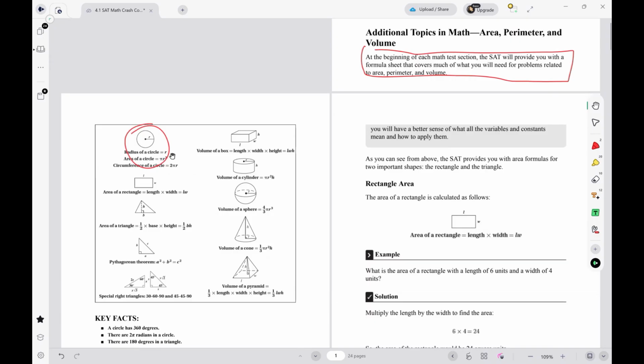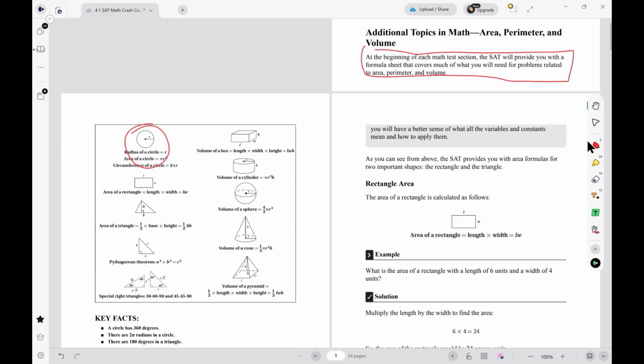Basically, they're just trying to deal with different types of geometrical shapes. For example, circle, rectangle, triangle, and they're also going to talk about box, cylinder, sphere, cone, and volume of a pyramid. So this is basically a pyramid.